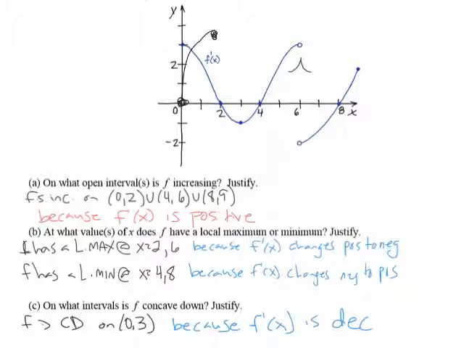And we continue to be concave down until 3. So somewhere over here we're going to continue our concave down part of the curve. From 3 to 4, we are concave up with a minimum occurring at 4. So we got something like that going on.